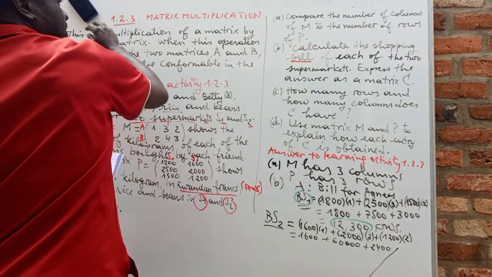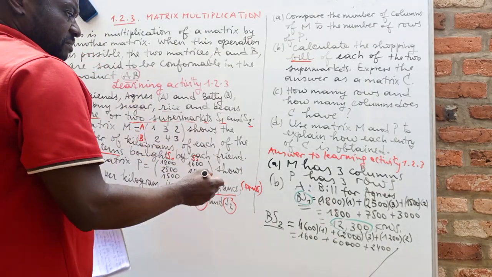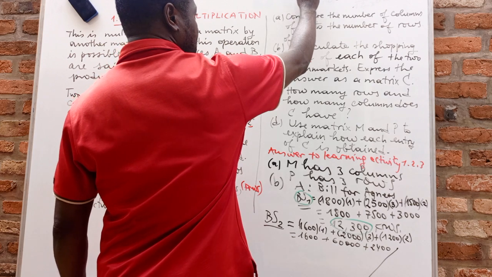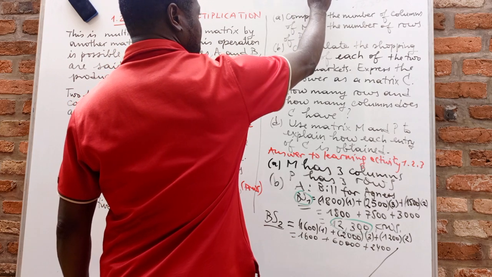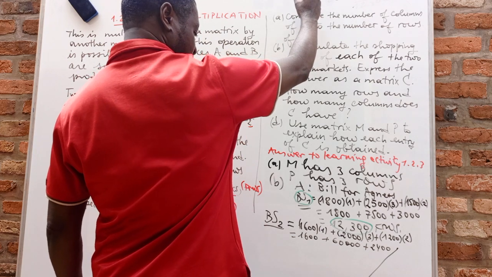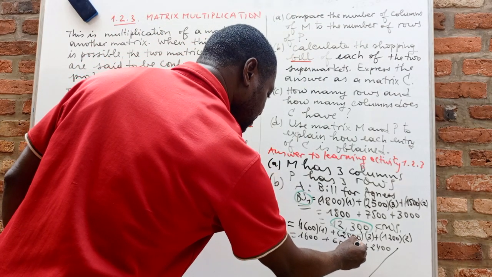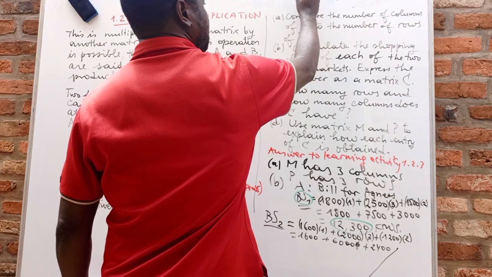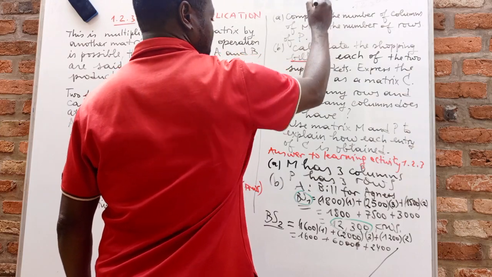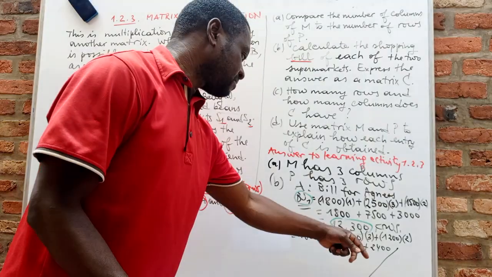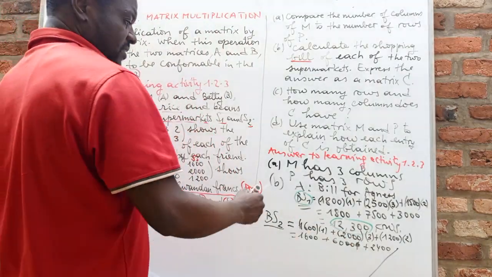Okay, so now let us add this. This is the bill of Agnes at the second supermarket. So it is 1,600. We add that 6,000. Oh, no, that is 6,000, coming from 2,000 times 3.